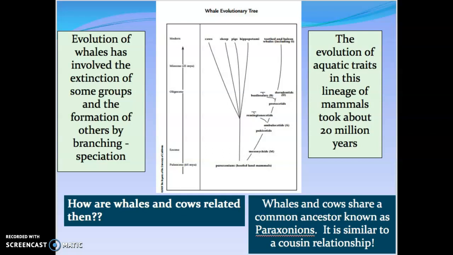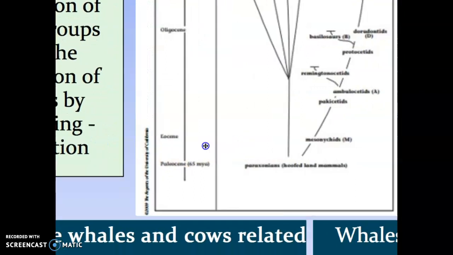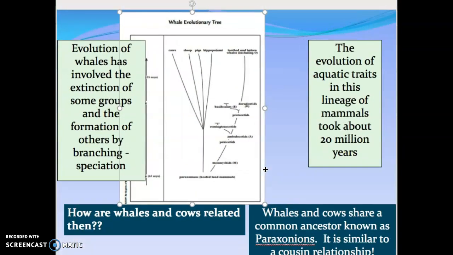So, if I'm looking at this chart, here are my hoofed land animals down below. And then those hoofed animals evolved into cows and sheep and pigs and hippopotamuses. And guess what? They all live on land. So they are all really well adapted. And it took 65 million years to get to where they are today.